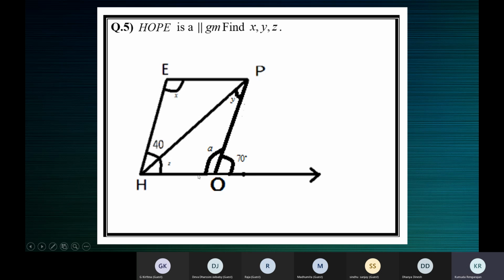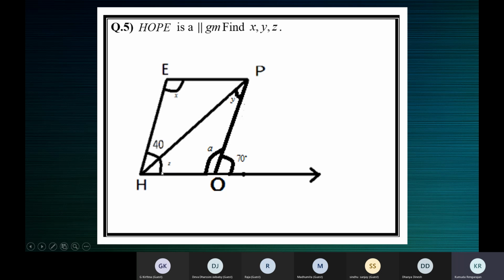A is nothing but angle O, and this is angle H. O and H are adjacent angles of the parallelogram, so they are supplementary.